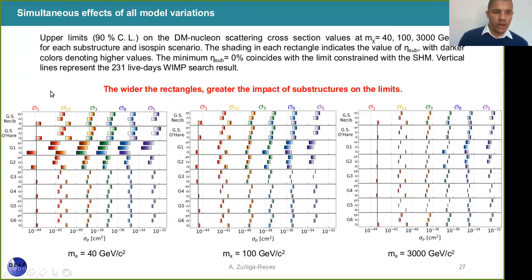So the vertical line here is the result that we published of the first year of operation of the WIMP search in DEAP. And I can say here that the wider the rectangles are, the greater the impact of the substructure on the limits. So it's clear that the Sausage and the G1 and G2 substructures are the ones that produce the strongest change to the results.